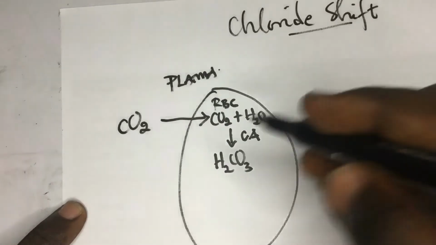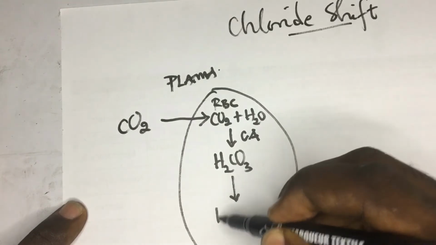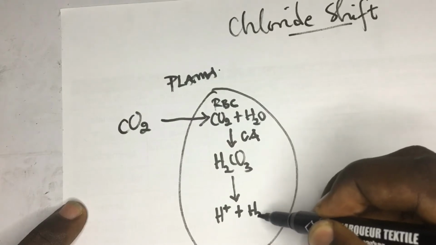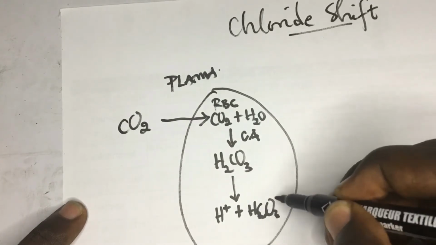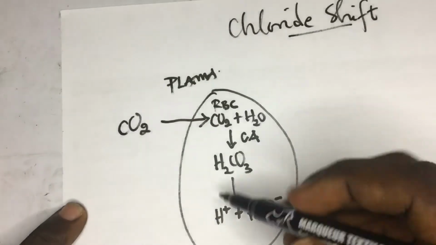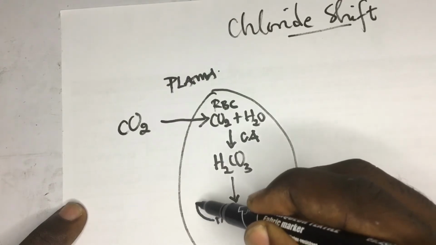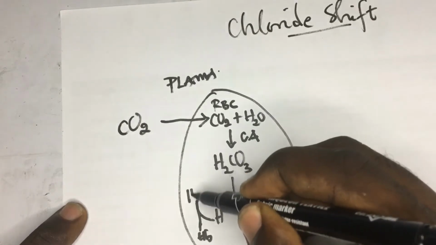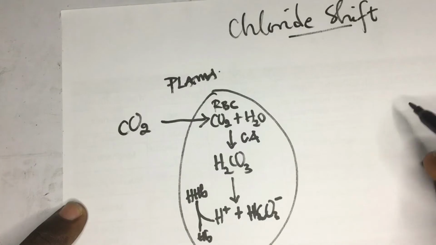Now the carbonic acid can break down into H plus and the bicarbonate ion, HCO3 minus. Now the hydrogen ions here are going to combine with hemoglobin to give hemoglobinic acid.